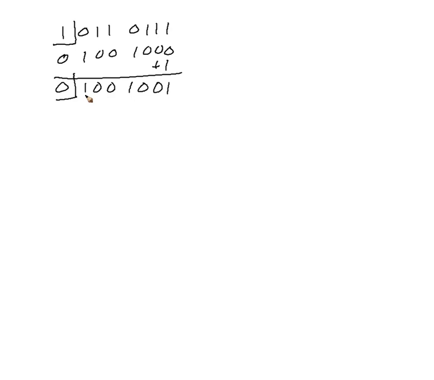Here's my 64, 32, 16, 8, 1. I add all of those up, and I'm getting 73. That's sort of the absolute value, is the way to think of it. So to convert this number up here in 2's complement to decimal, my decimal answer would be negative 73.